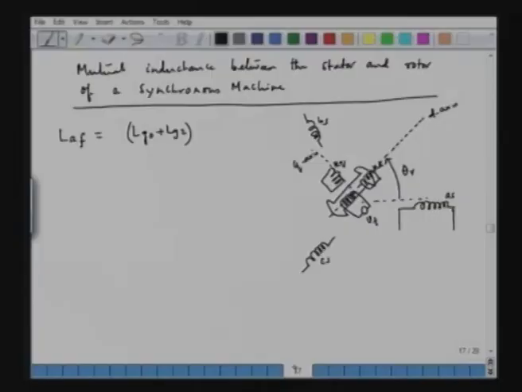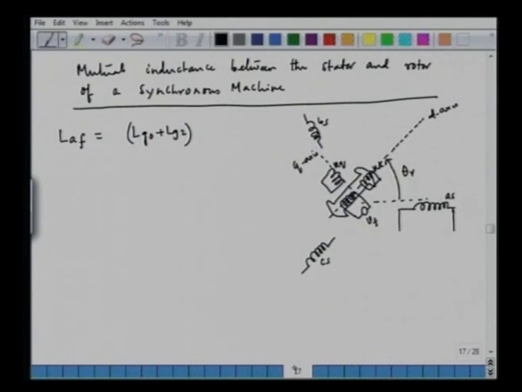So the D axis inductance is LG0 plus LG2, and the Q axis inductance is LG0 minus LG2. So we have to remember that we have 2 definite inductances, one in the D axis and other in the Q axis. So this we can substitute in this, that in the D axis, if I say that this inductance is in this particular axis, so I want to find out the mutual between this and this. So this is my inductance, and the flux linkage will be into my IF is the flux produced by this, but this flux has to link this winding.